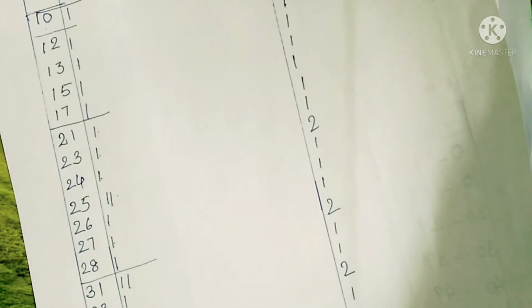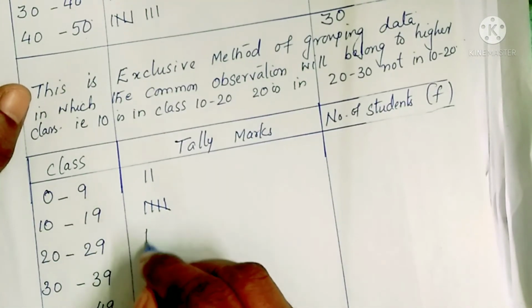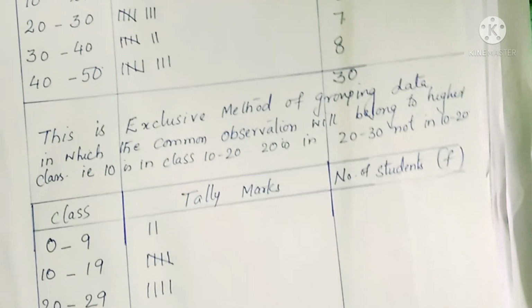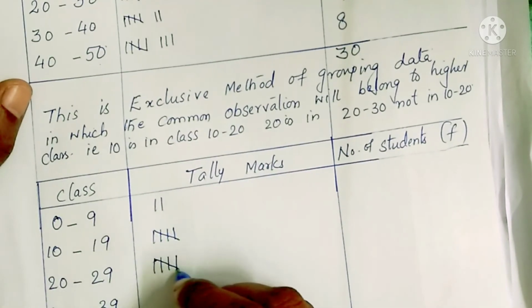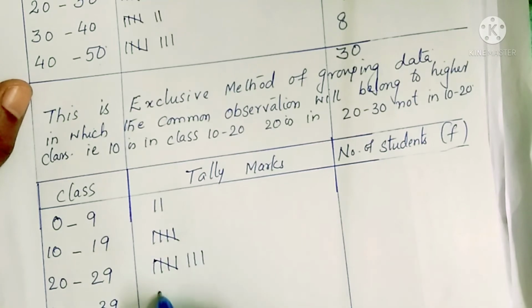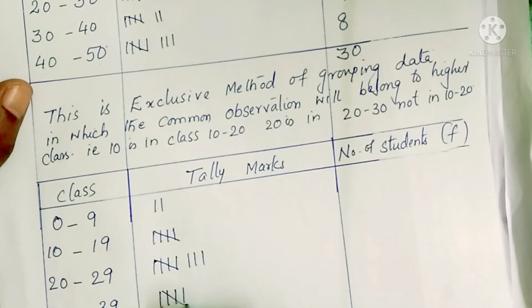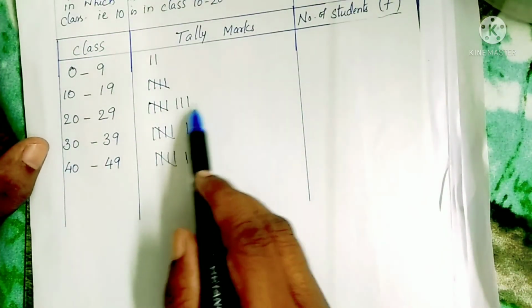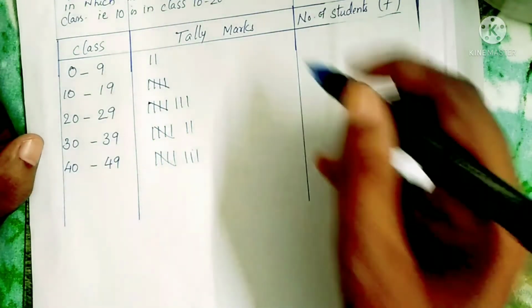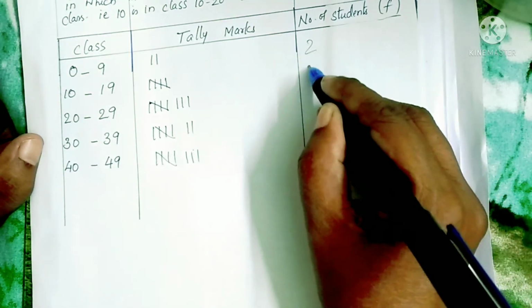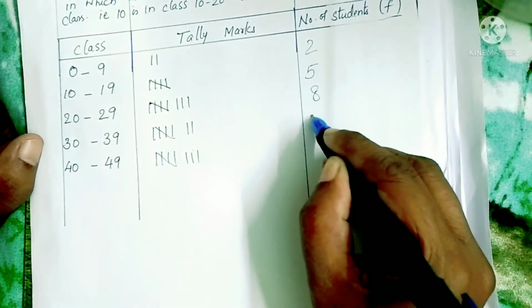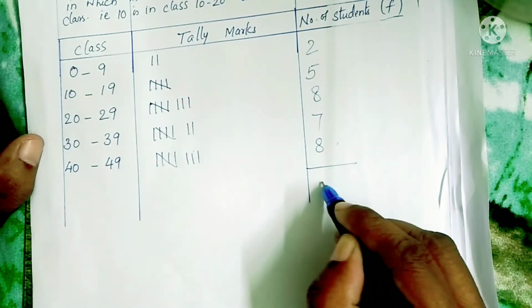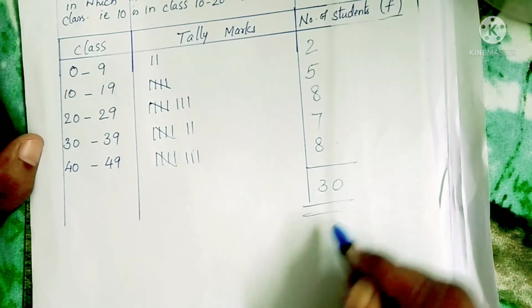So here it will remain the same only. It will be 1, 2, 3, 4, 5, 6, 7, 8, 1, 2, 3, 4, 5, 6, 7, 1, 2, 3, 4, 5, 6, 7, 8. So here all we have entered the tally mark and we have made the table 2, 5, 8, 7, 8, and the total is 30.